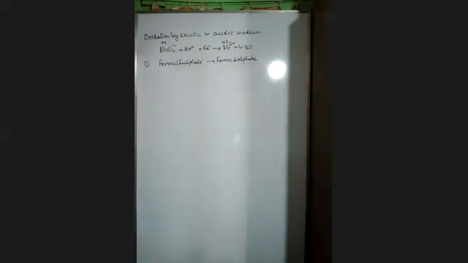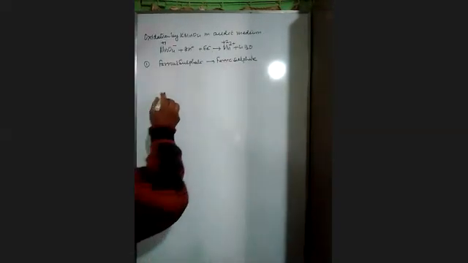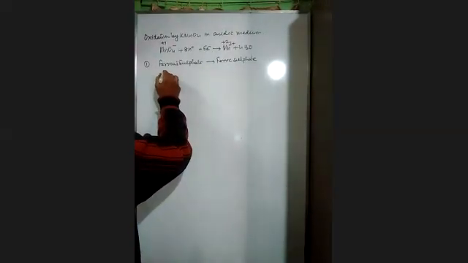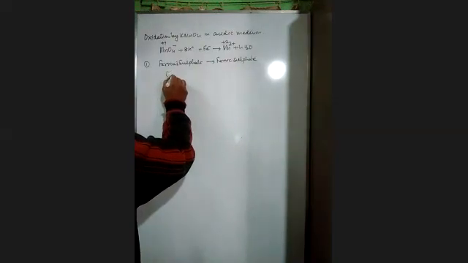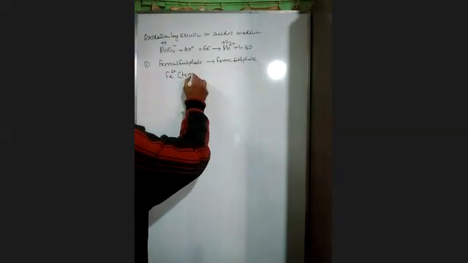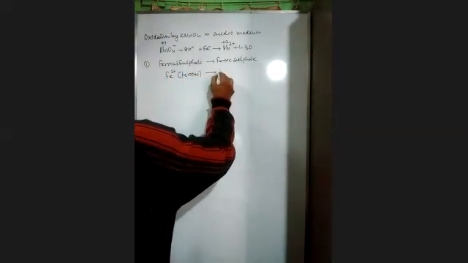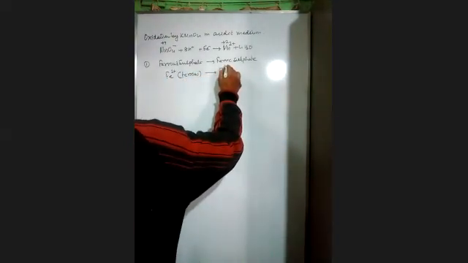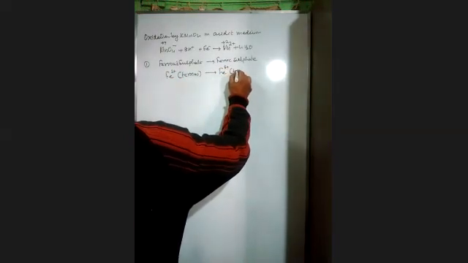It will be any salt of iron, ferrous salt of iron, ferrous chloride, ferrous sulfate, ferrous nitrate, no problem. It will be converted into corresponding ferric salt. So what should I write now here? I'll write here Fe2 plus. So this is my basic. It is ferric.